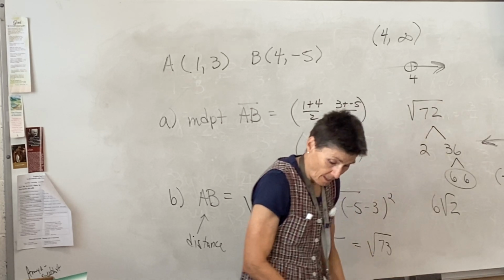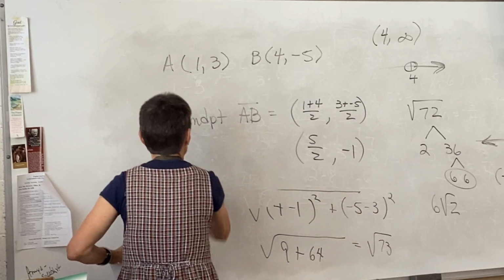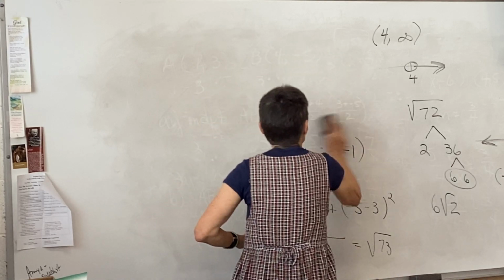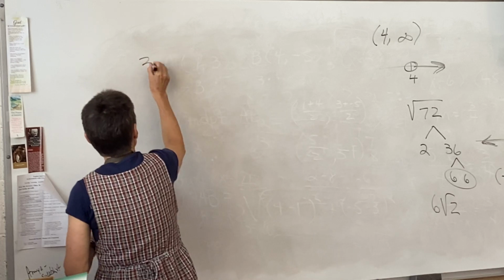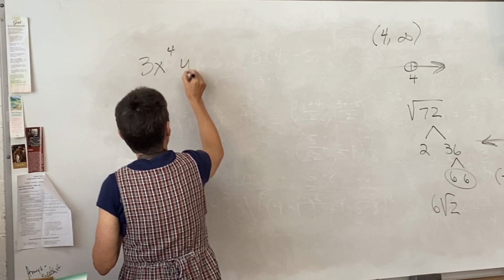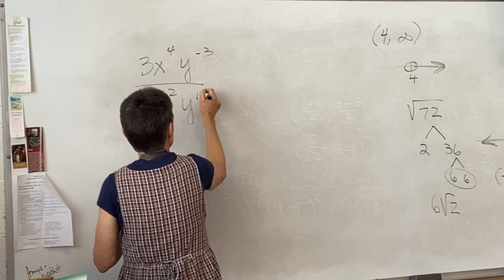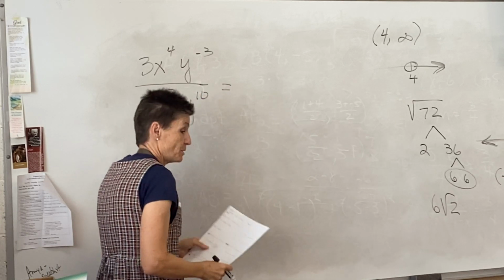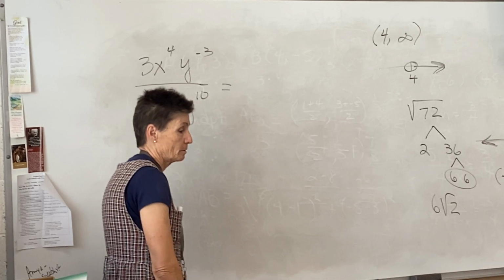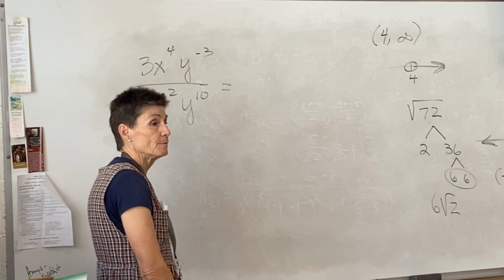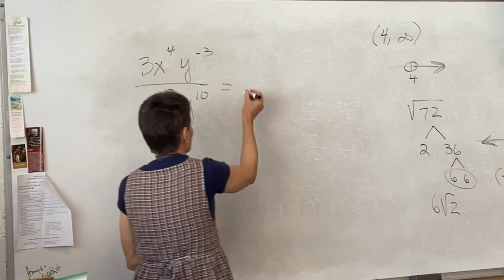Okay? All right, now we're going to simplify an exponent problem. So we have 3x to the 4th, y to the negative 3rd, over 9x squared, y to the 10th, and we're going to simplify that. Okay, so I have a fraction.